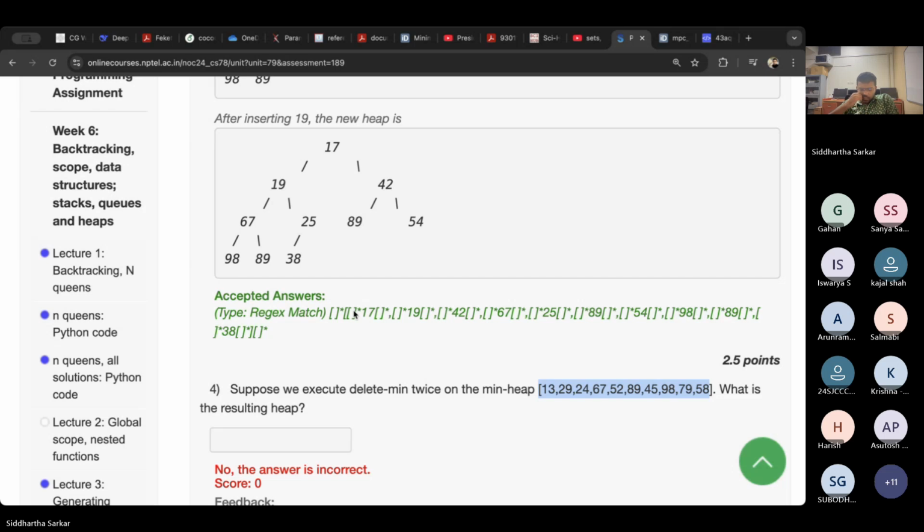All right. Rimi has another answer. Mukesh has also found an answer.